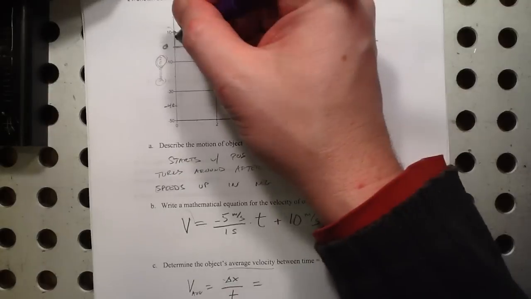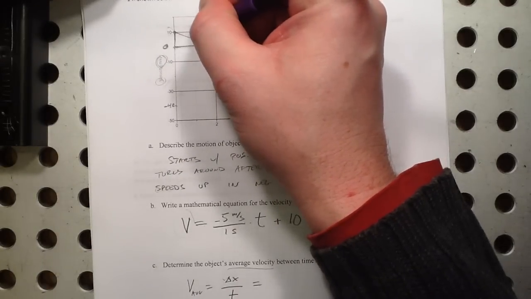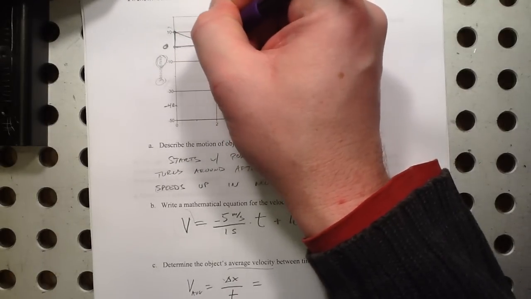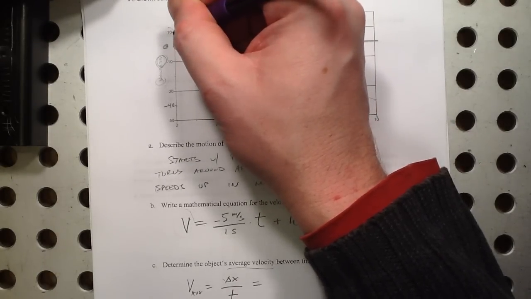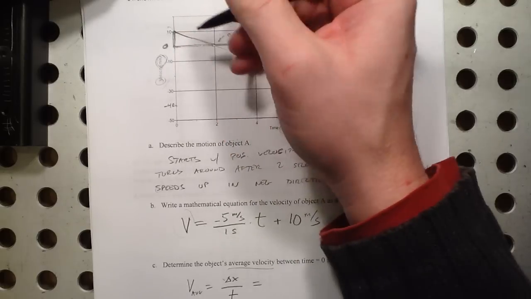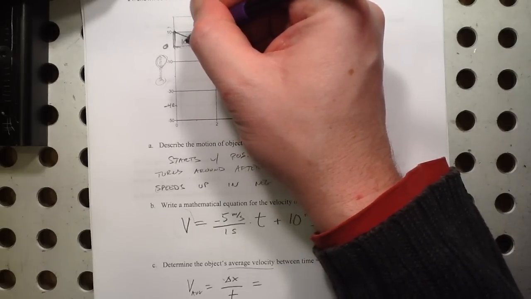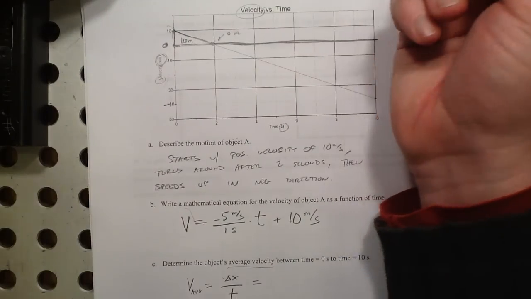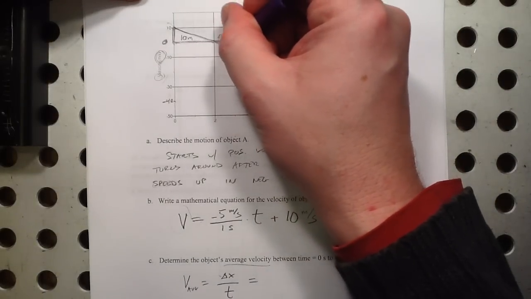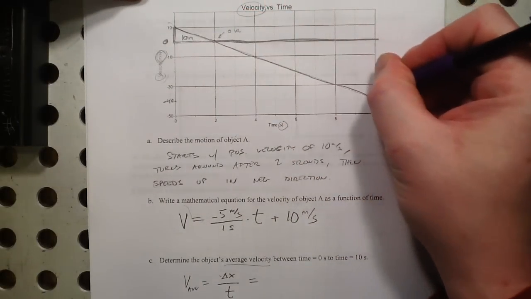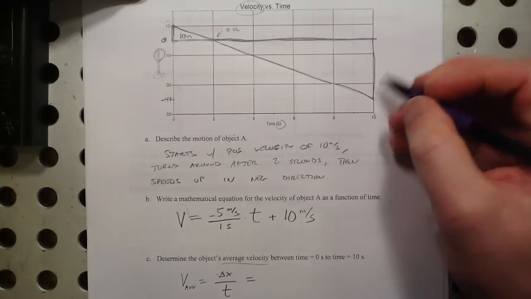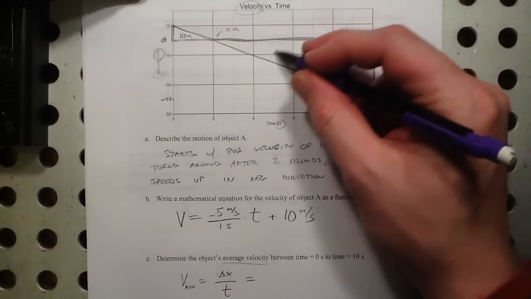So here, remember that displacement is equal to the area here. So it'll be this triangle here. That has 1/2 base times height. That would be positive 10 meters right there. And then I've got a big old negative triangle here that's all underneath the time axis.